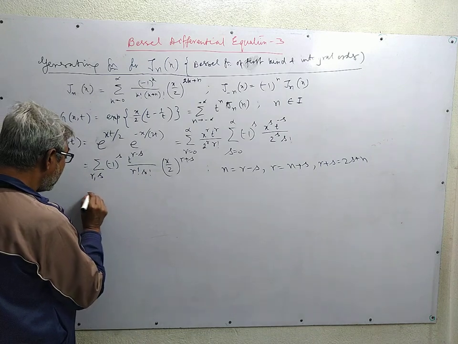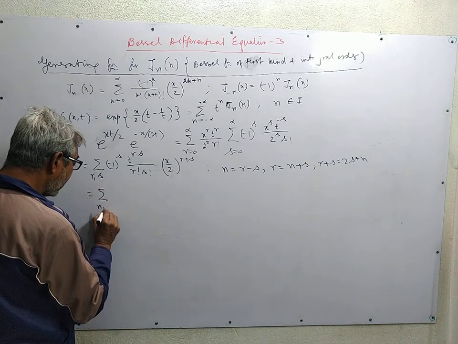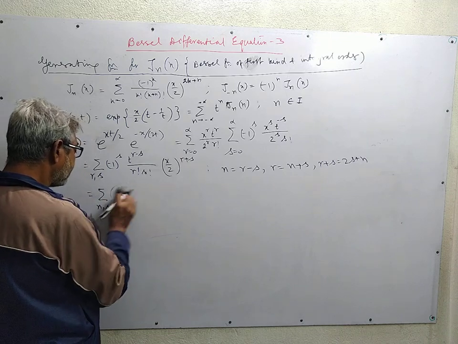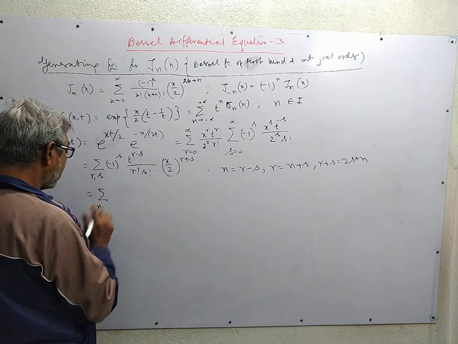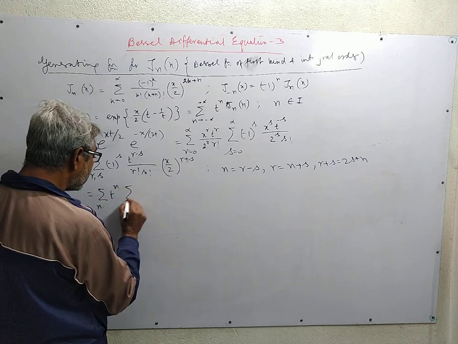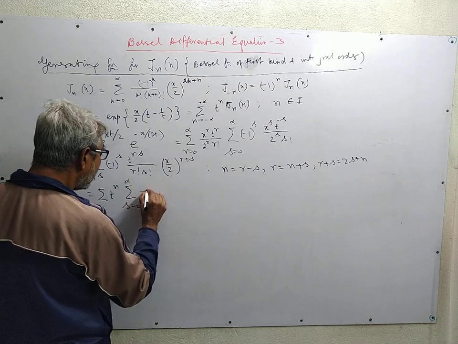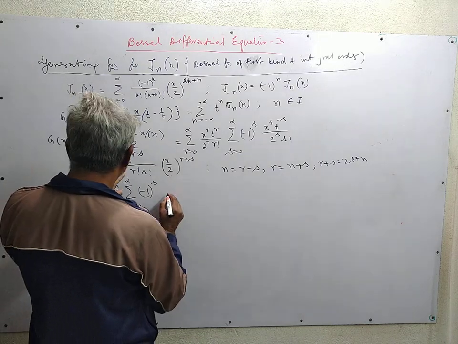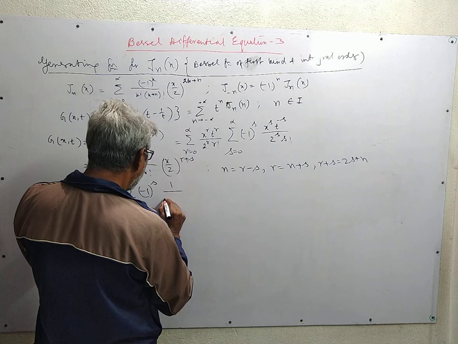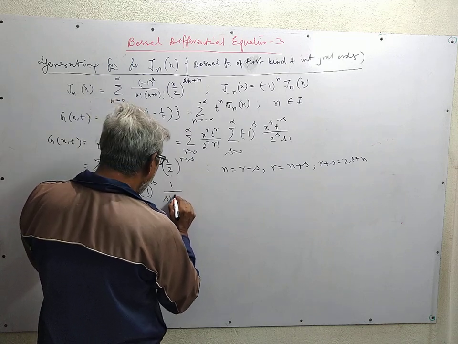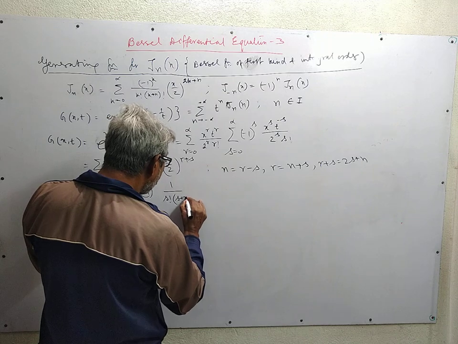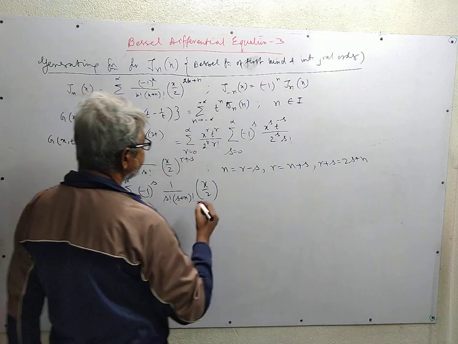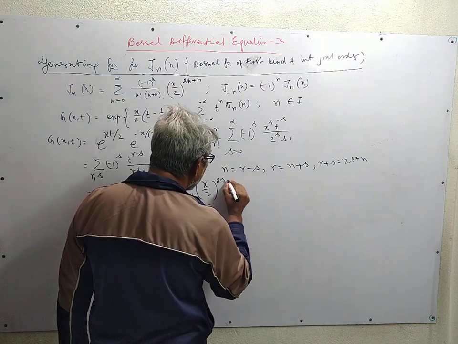So this becomes sum over n and s. Sum over n, we write t to the power n, then sum over s from 0 to infinity, minus 1 to the power s, times 1 upon s factorial, s plus n factorial, x by 2 to the power 2s plus n.